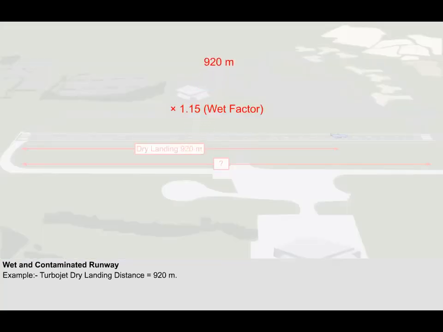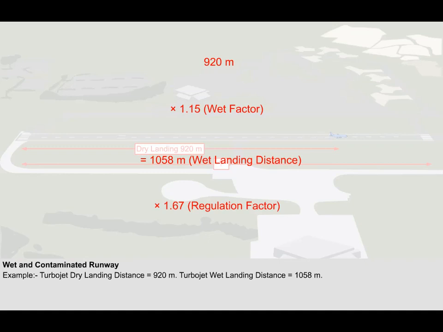Since the runway is wet, we have to increase the landing distance by 15%. We do this by multiplying 920 meters by a factor of 1.15. Therefore, the wet landing distance is 1,058 meters. EU OPS stated that the landing distance must be within 60% of the landing distance available. Therefore, to find what minimum length of runway is needed, multiply 1,058 by the factor 1.67.